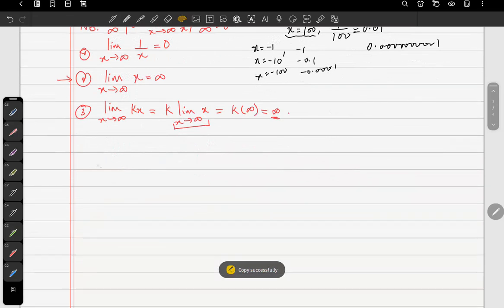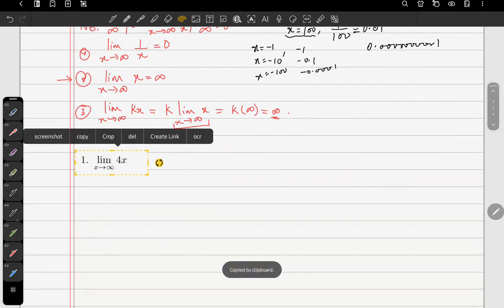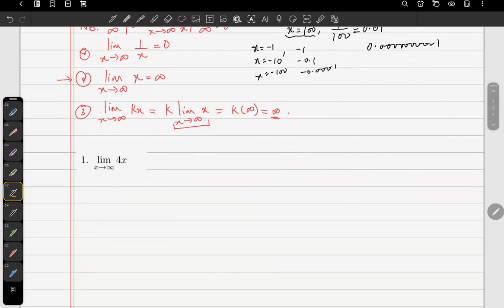We are saying that the limit as x goes to infinity of 4x is equal to 4 times the limit of x as x goes to infinity, which is just 4 times a possibly very large number, which is equal to infinity. So this is a valid answer in limit.